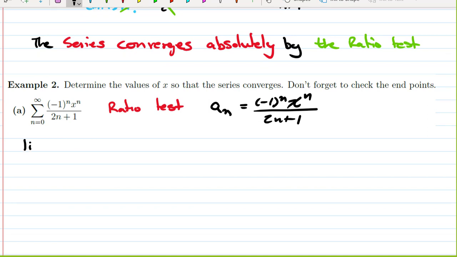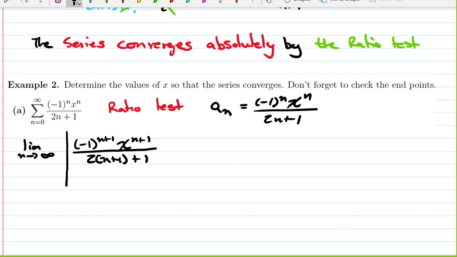So when we take our limit as n goes to infinity of the absolute value of a_(n+1), we're going to have (-1)^(n+1) times x^(n+1) all over 2 times (n+1), all divided by just our regular a sub n, (-1)^n times x^n all over 2n plus 1.